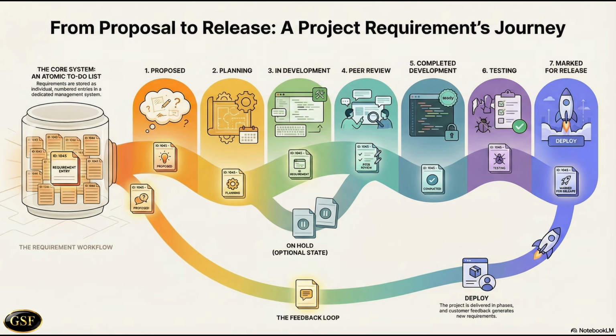You may, for example, divide the project into 10 phases, with a working product, albeit with limited functionality, being delivered to the customer at the end of each phase for their feedback. This feedback may require additional entries to be added onto the to-do list in the issue or requirements management system. This will become part of the work for the next or subsequent phases.